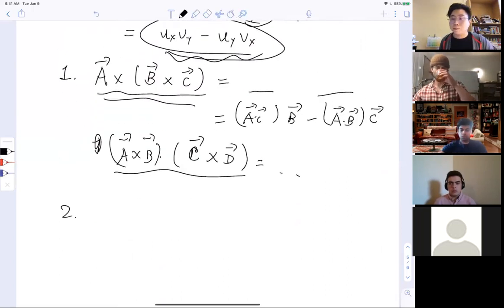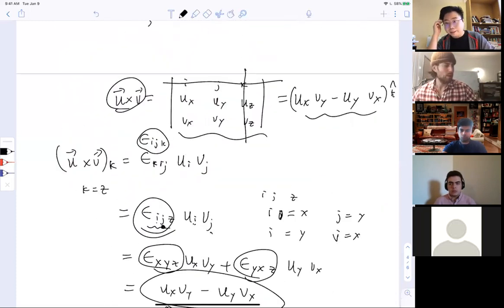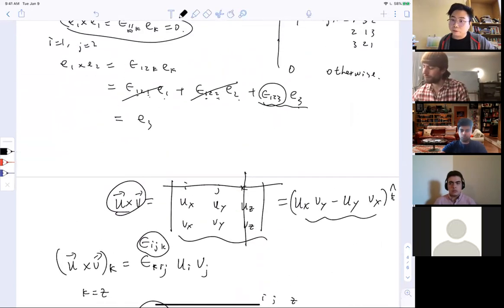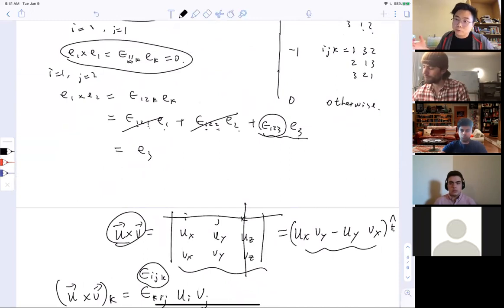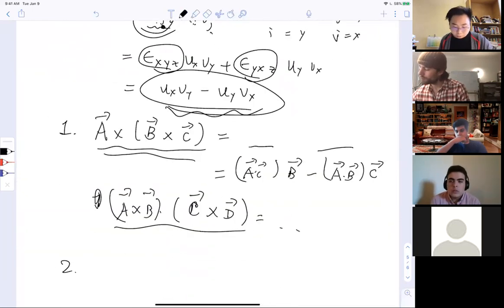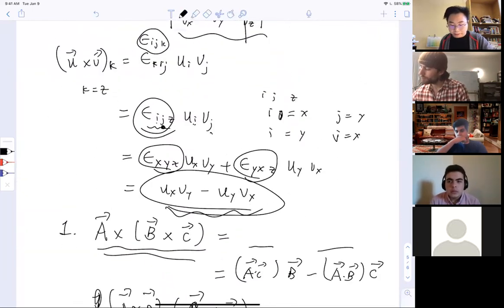Another, I think more important, reason is that this kind of index notation can be generalized to tensors. There's no way to use vectors to represent tensor stuff. Essentially, when you define tensors, you should use this kind of index notation.